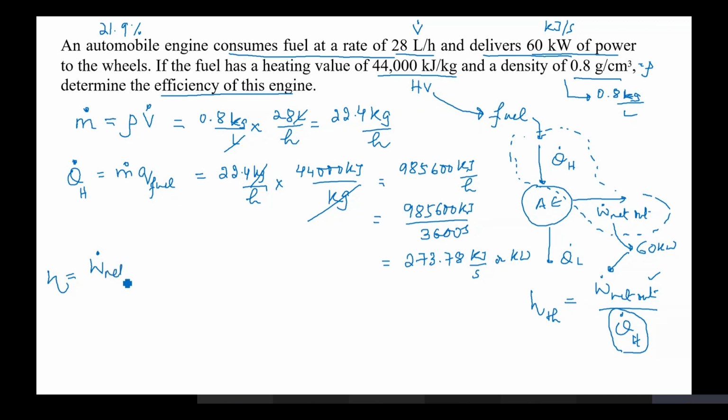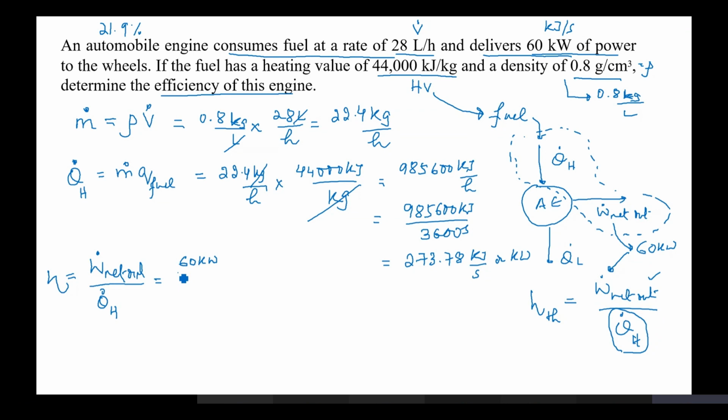Net work out of the heat engine divided by the heat provided to the engine. If you are expressing both of them in rate form, it is work net out divided by Q dot H. Clear? Yes, sir. What is work net out? Work net out is 60 kilowatts, so I'll write 60 kilowatts over here.